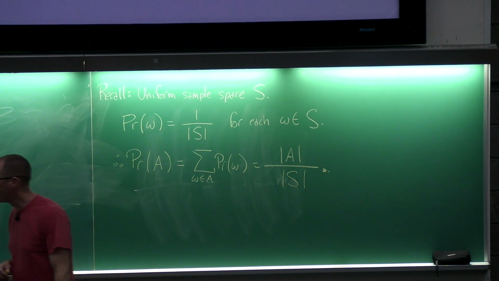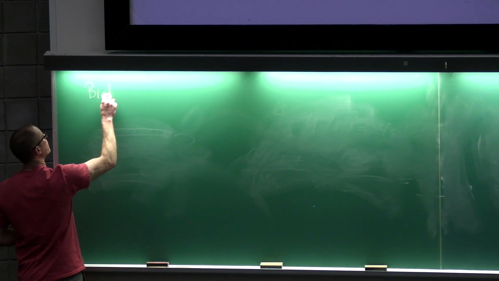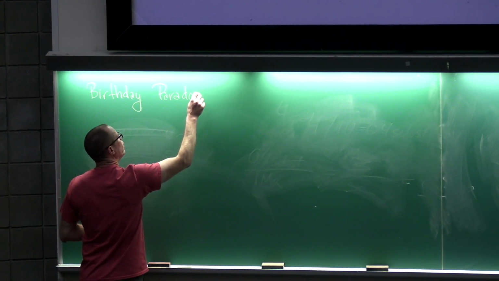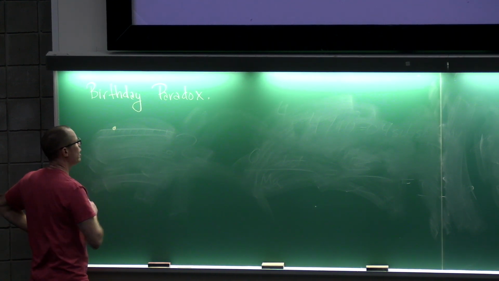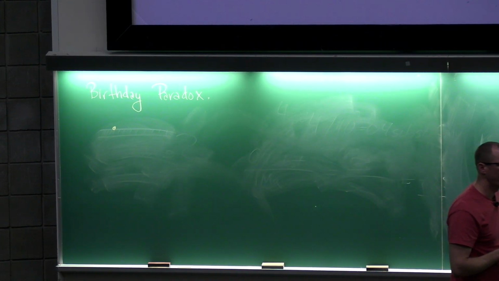So we'll start today with something. We have sort of two results. They're both surprising, but one of them you've probably seen before, so it may not be that surprising. It's what's known as the birthday paradox. In this room right now, there are, according to my estimate from just before class, about 120 people, which is of course much less than the enrollment in this course, but that's neither here nor there.